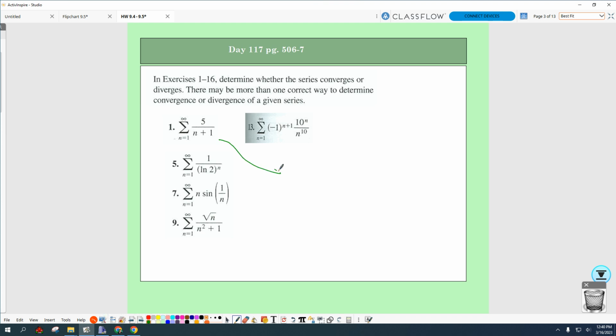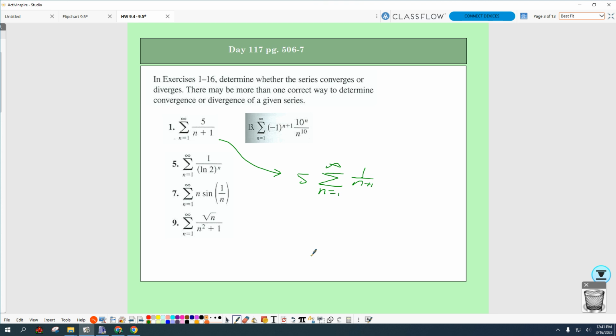Some of you said take the constant out front. Okay, 5 times. You can do that. Is that converge or diverge? Diverge, why? I don't know.